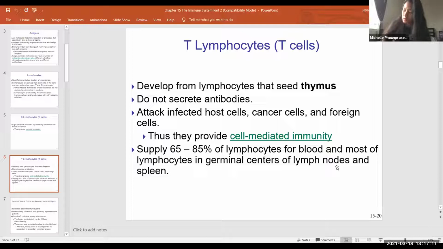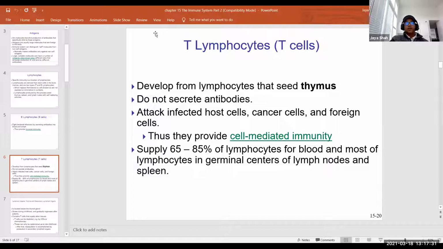T lymphocytes, on the other hand, develop from lymphocytes that seed the thymus, as I said earlier. They do not secrete antibodies. None of the T cells, whether helper T cells, cytotoxic T cells or killer T cells, do. What they do is attack infected host cells if the microorganism is inside the cell.